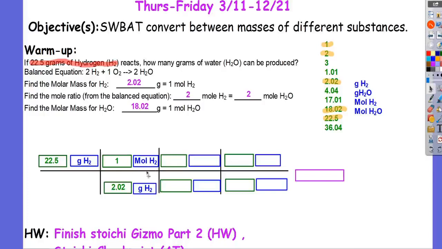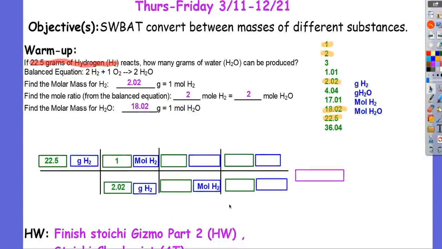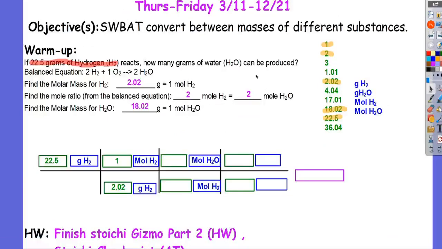Again, if I have moles of H2 here, I don't want to overthink this. I'm going to match that same unit on the bottom so they can cancel out. Now, I need to find the equivalency statement. Moles of H2 are equal to grams. I've already done that one. Now I have moles of H2 are equal to moles of H2O. So I'm going to put moles of H2O in the top. And then my value is 2 moles and 2 moles.